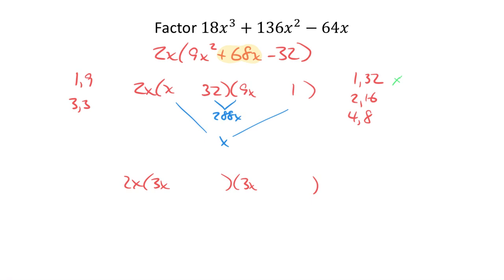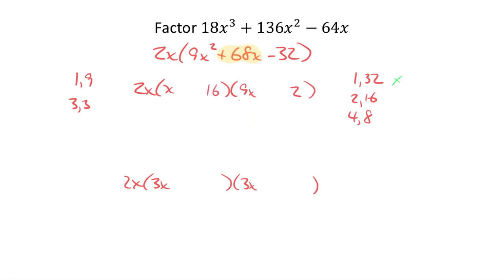Now let's try 2 and 16. I'll first try the 2 with the x and the 16 with the 9x. If I do the product of the inner pair of numbers, we'll have 18x. The product of the outer two will be x times 16, or 16x. The difference between these two numbers is going to be 2x. Again, not the 68x that we wanted. So we'll switch the 2 and the 16.